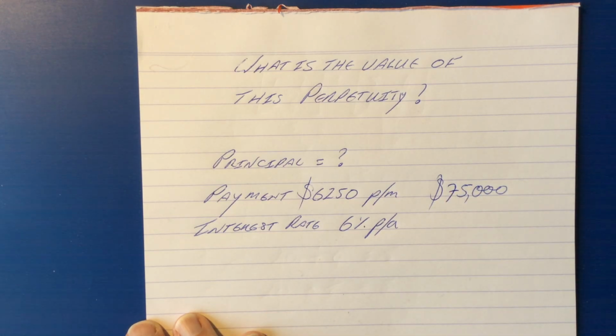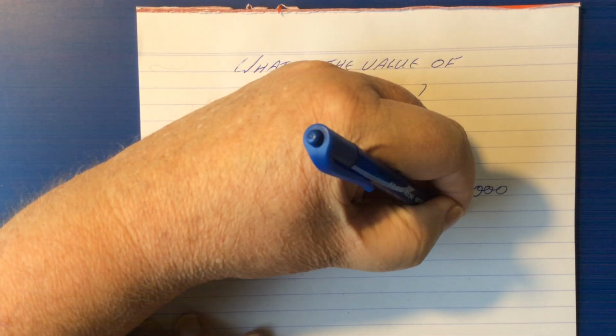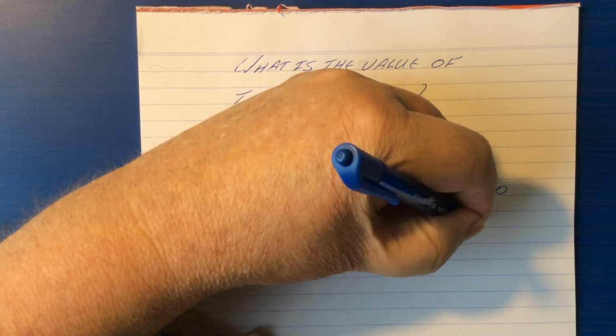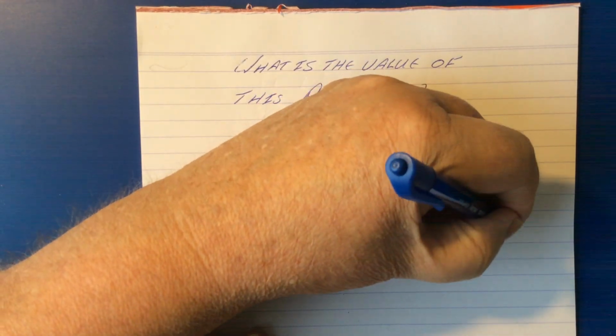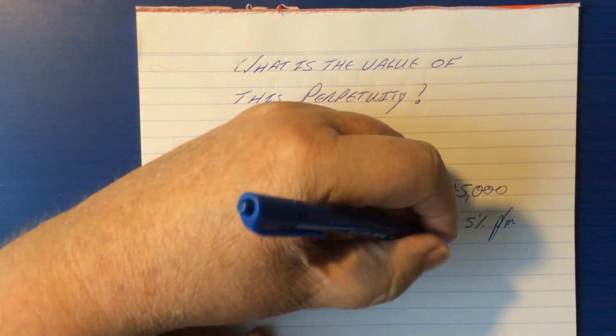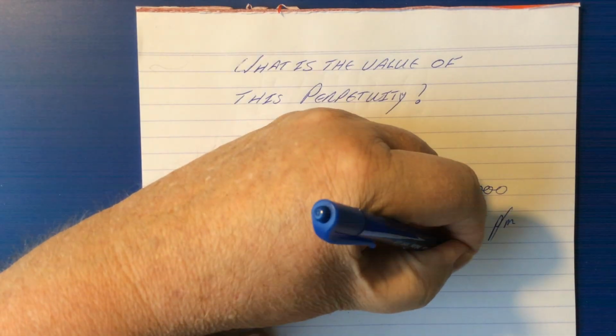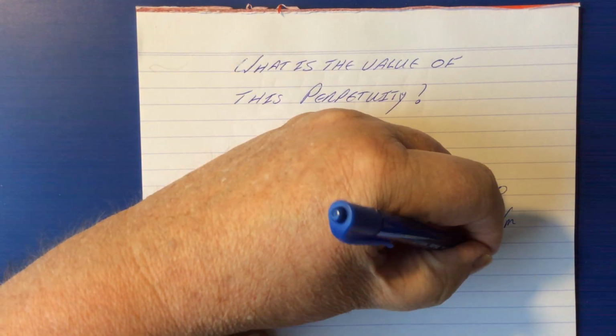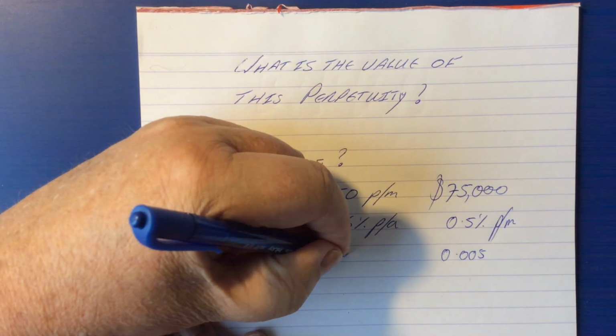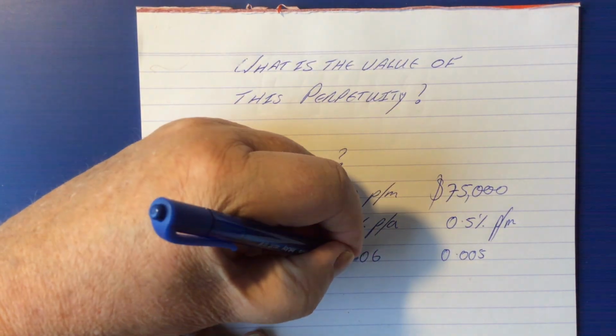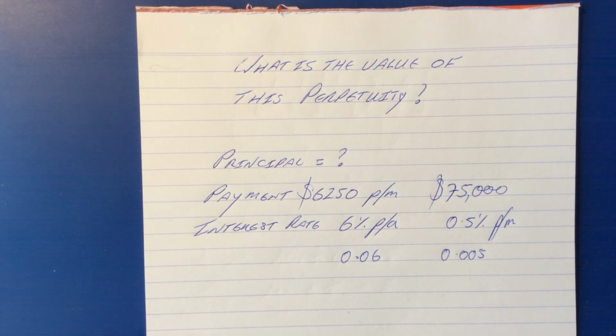But 6% divided by 12 means that we've got 0.5% per month, or if we write that as a decimal, 0.005, and this is 0.06 as a decimal.